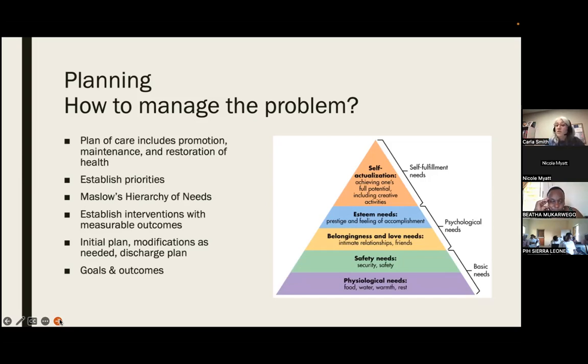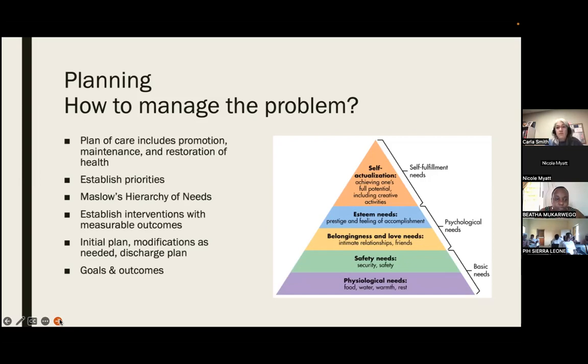It's more important just as a matter of priority, and it helps us establish those interventions. We start out with an initial plan and know that modifications might be needed, especially when we get to discharge planning. It's really unique, and it requires us to anticipate those needs after that patient's discharge.